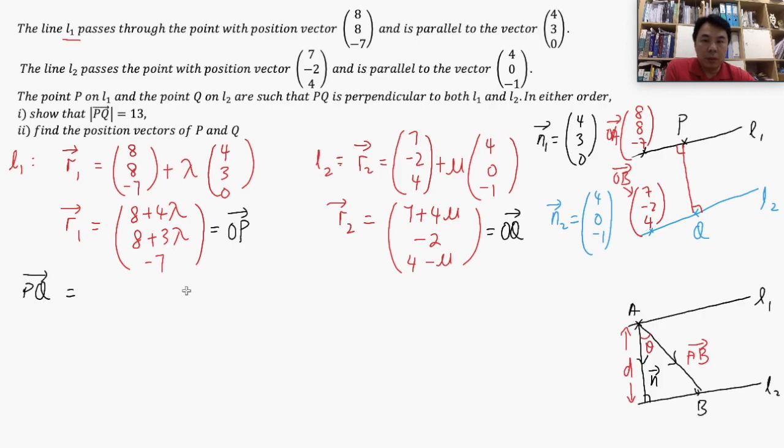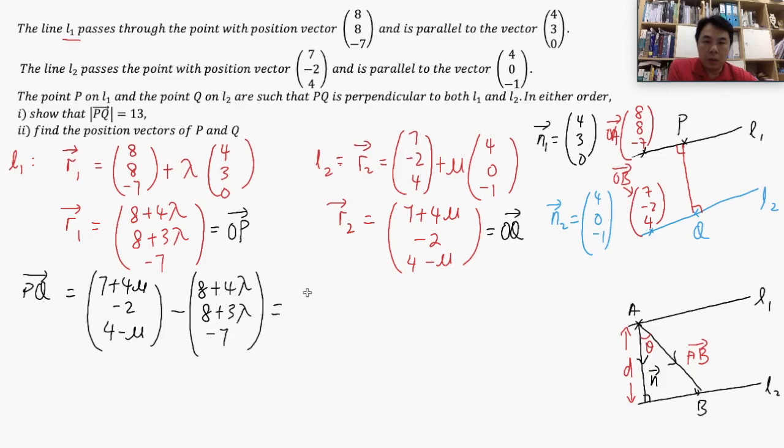The position vector for PQ in this case would be (7 + 4μ, -2, 4 - μ) minus (-8 + 4λ, 8 + 3λ, -7). From here we get -1 + 4μ - 4λ, and then here we have -10 - 3λ.